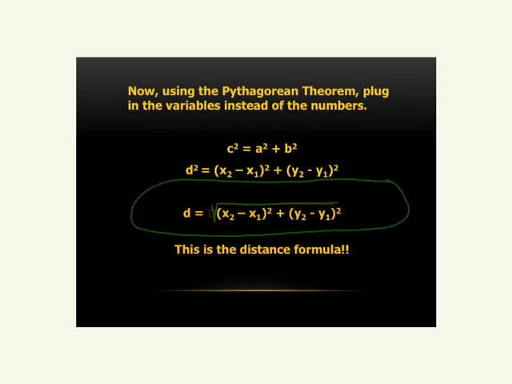So the distance formula, which is circled in green here, is something that you're going to want to have in your notes. So if they give you a graph, use the Pythagorean Theorem. If they give you two ordered pairs, use the distance formula. Both the Pythagorean Theorem and the distance formula would produce the same measurement if you were to apply both to the same problem.